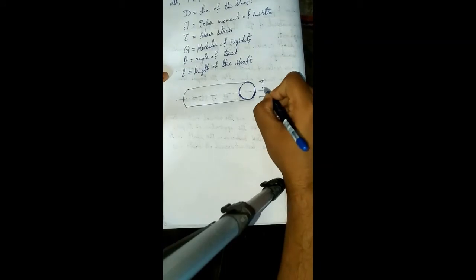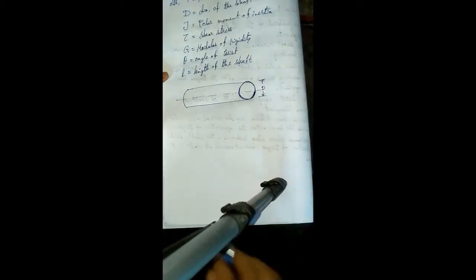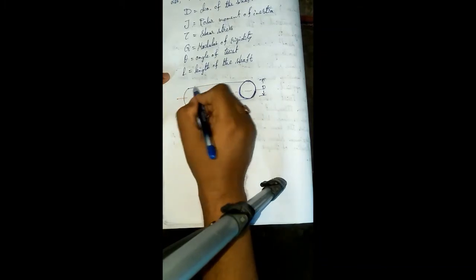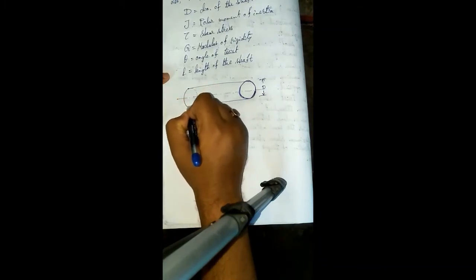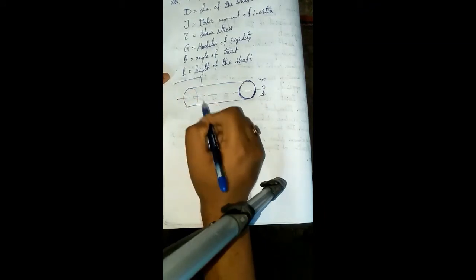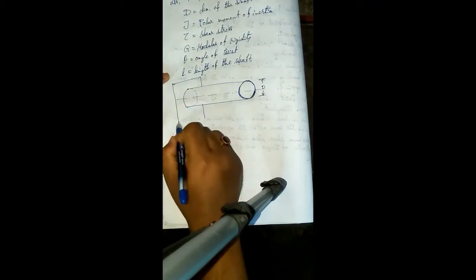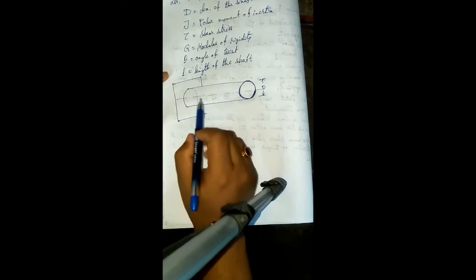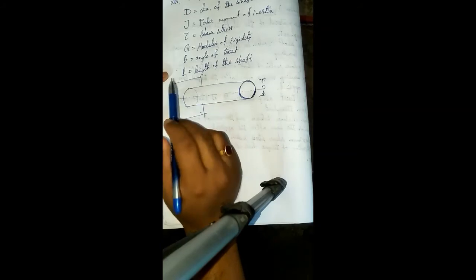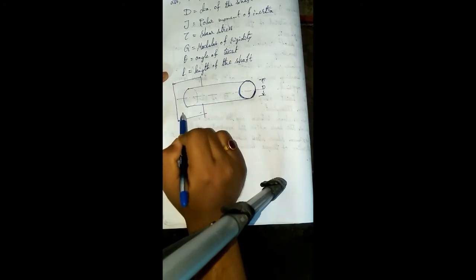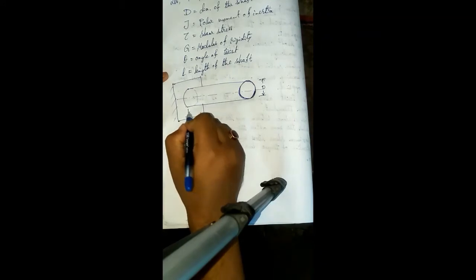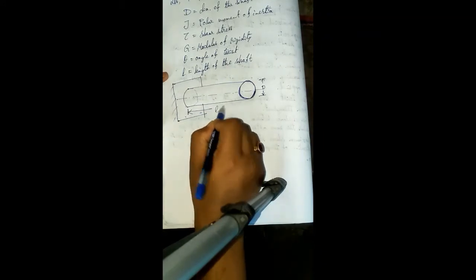Diameter is D. This end of the shaft is fixed. This is the length of the shaft, that is L.